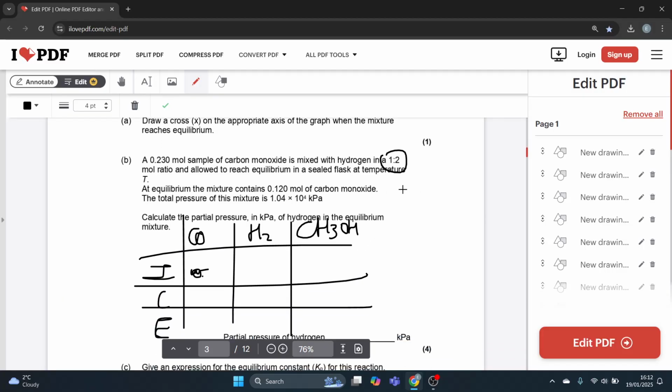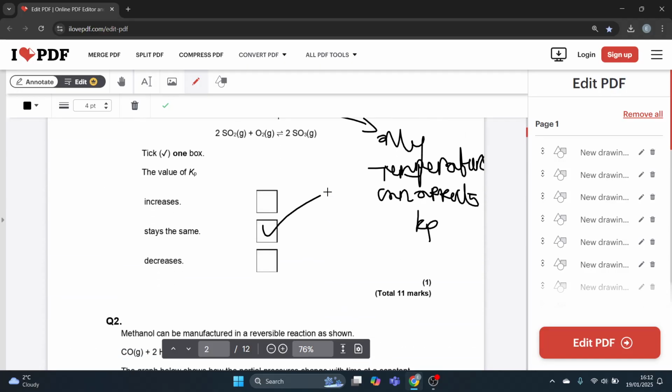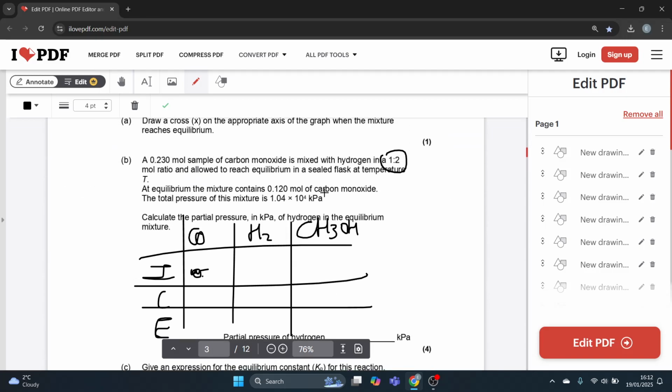No, it's in this mixture of hydrogen in this ratio. So what I have to do first is 0.230 divided by 3, and then times by 2.